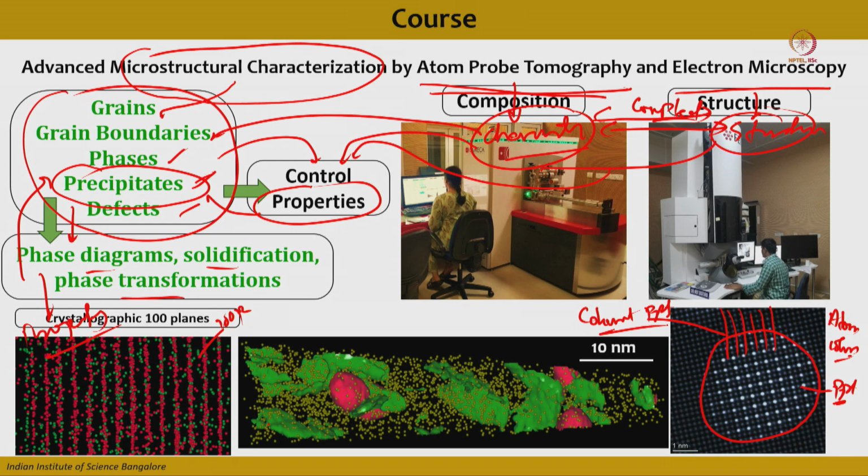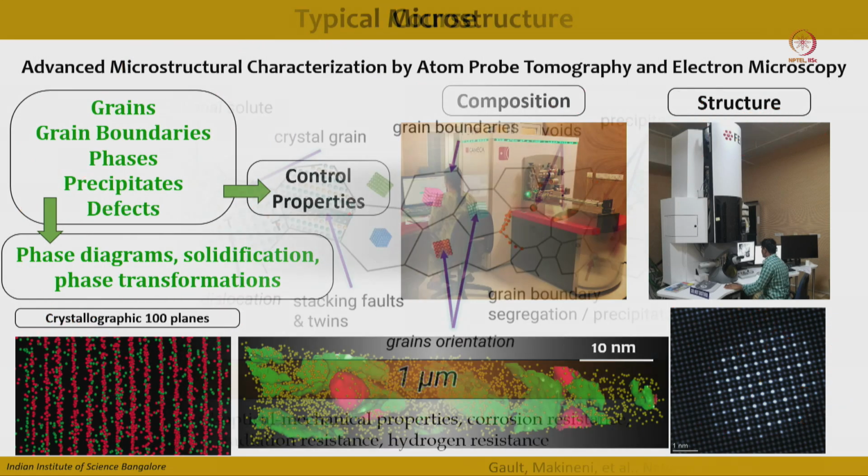And these precipitates are very important because they strengthen the matrix. This is the matrix, this is a precipitate, and the interface of the matrix and precipitate plays a very important role in the stability and the strengthening of the alloy.